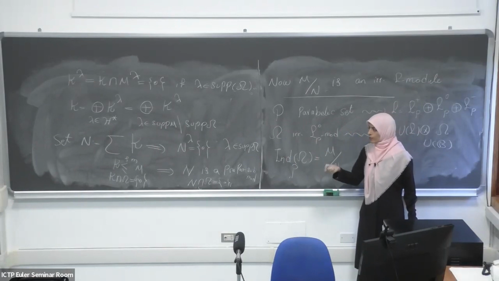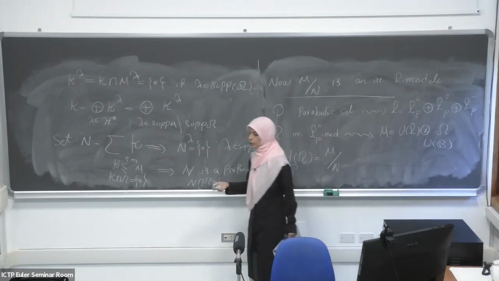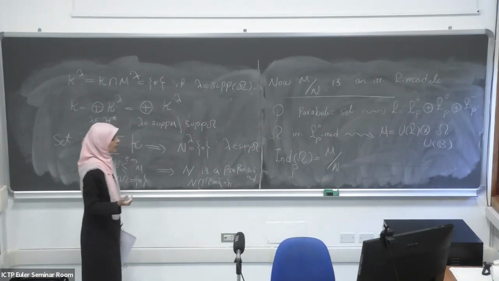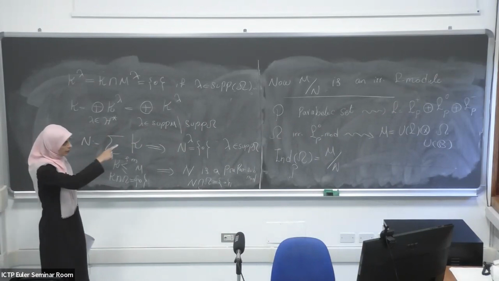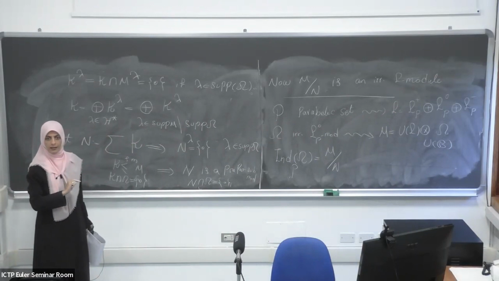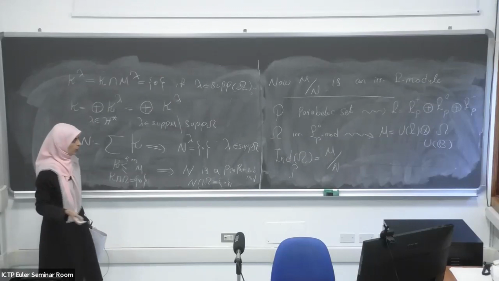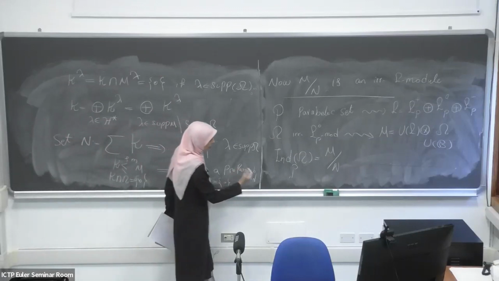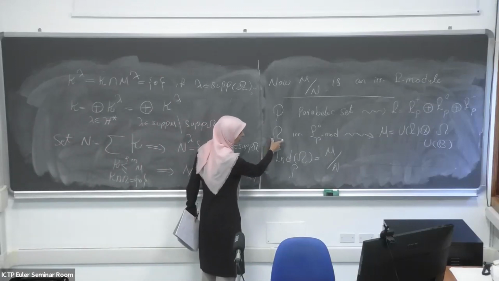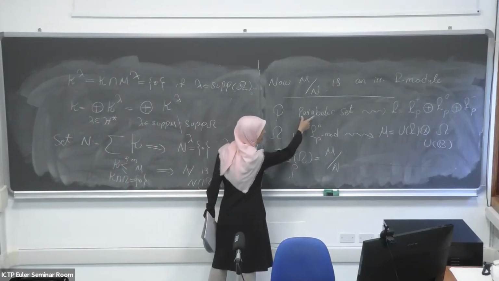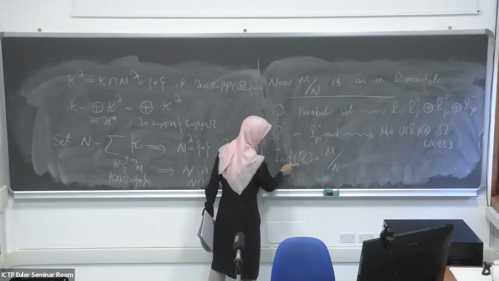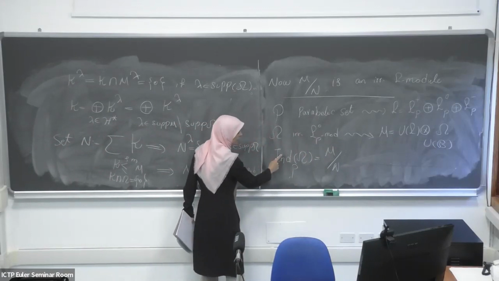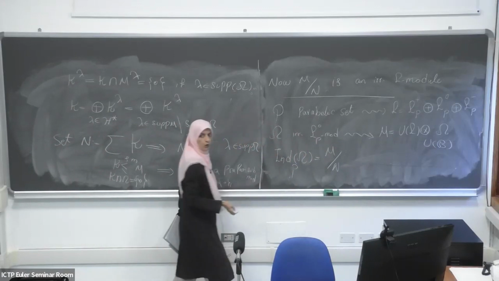And the question that people try to find the solution to is: if we have a module for the superalgebra L, does there exist omega and a parabolic set such that the irreducible modules can be constructed in this form or not?